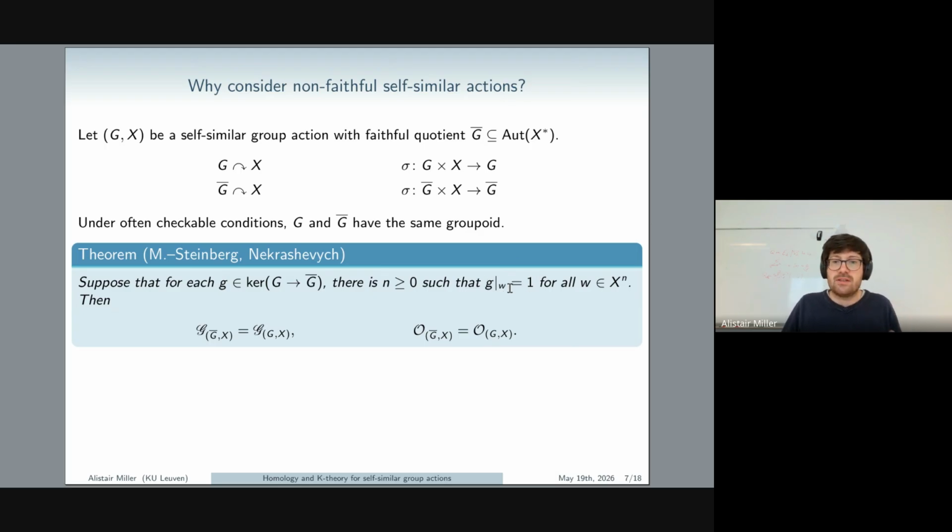So this is telling us that we fix all the words for a good reason, because we fix all of the words up to length n. If we fix all of the words up to length n, and whenever we do that, we push past those words to become the identity, then we have to fix all of the longer words as well. And so therefore we're in the kernel. So these are the good elements of the kernel, and this is saying that all of the elements of the kernel are these good elements.